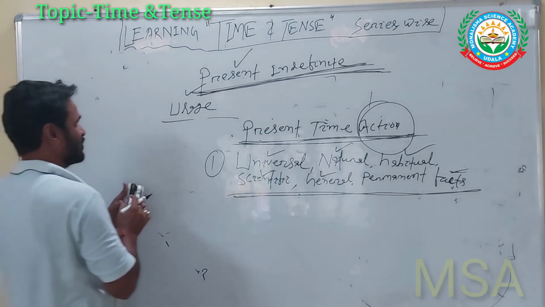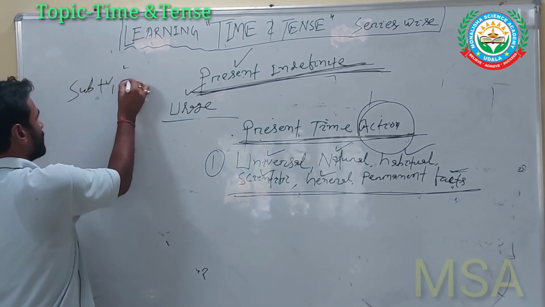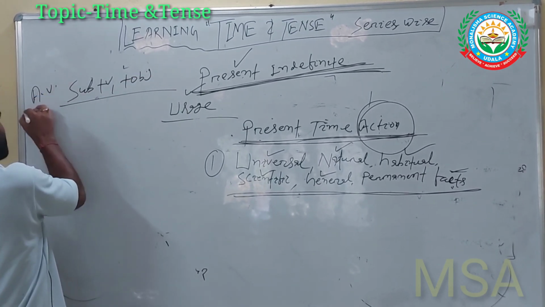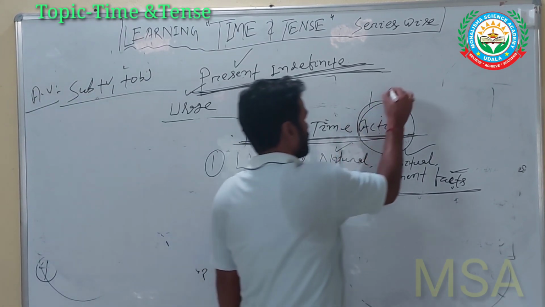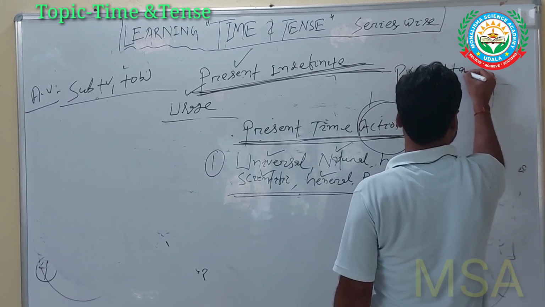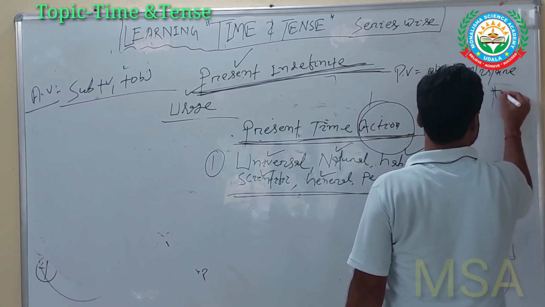The structure of which is known to you. Once again I am writing: subject plus V1 plus object. This is the structure from the side of active voice, and the structure from the side of passive voice is object plus am/is/are plus V3.